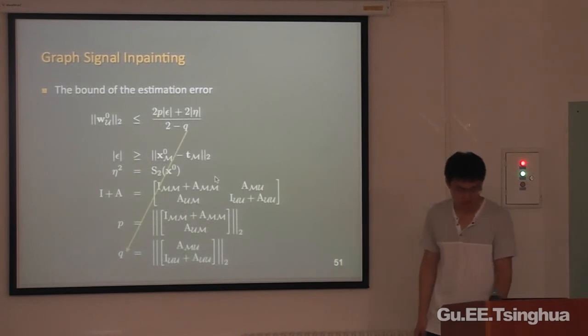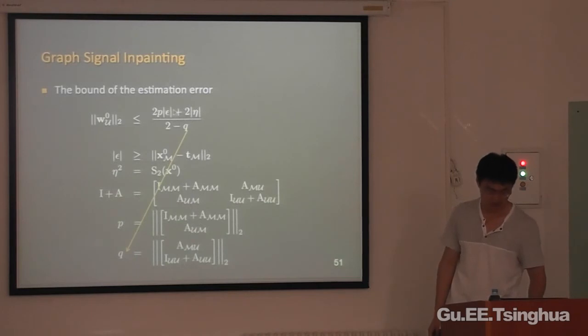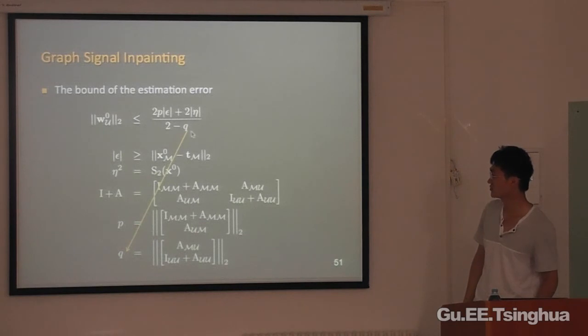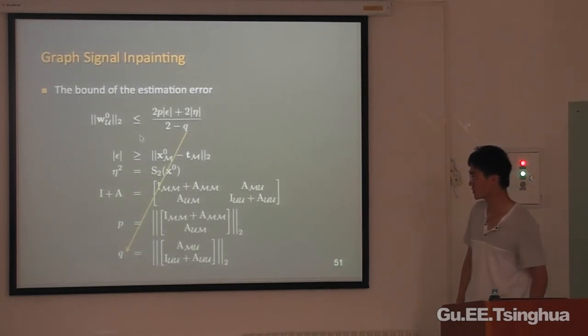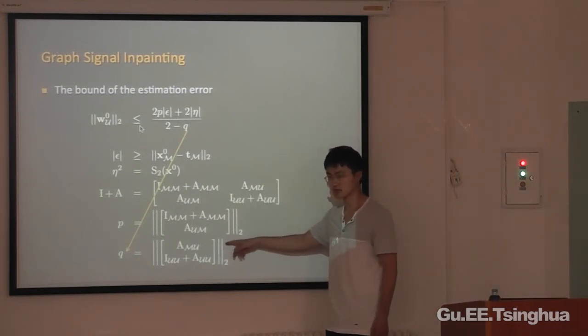And usually this guy is pretty small, so we ignore this P and only focus on Q. If we want to get a lower bound, then it means we want a smaller spectral norm of this matrix.